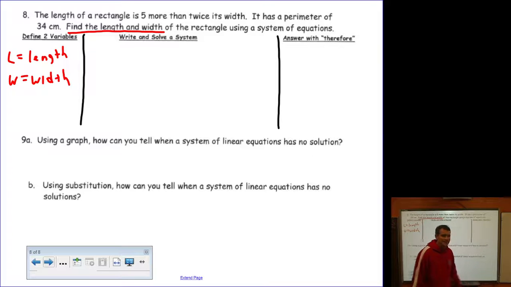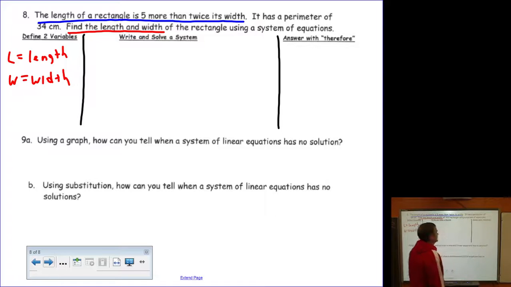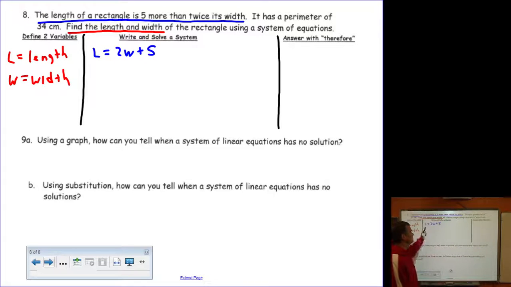And then I need to set up 2 equations using things I know about the length and width. Well, it says here that the length of a rectangle is 5 more than twice the width. So that means that the length is equal to twice the width plus 5. So the length would be 5 more than twice the width.